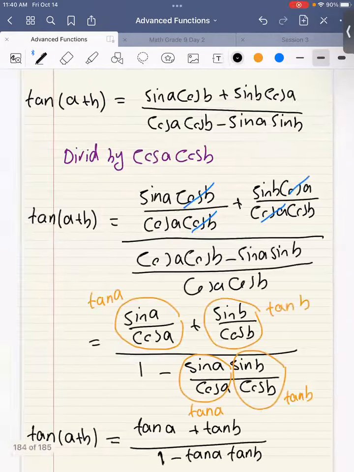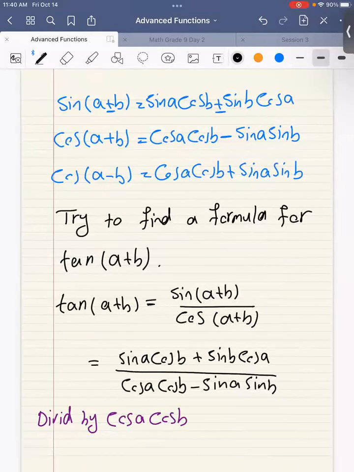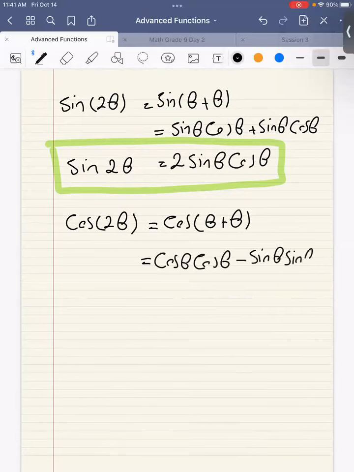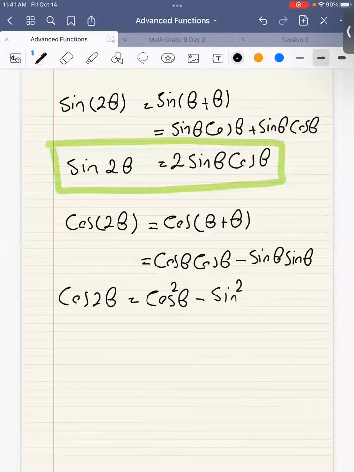If you use this formula, cosine of A plus B is cosine A cosine B minus sine A sine B, then cosine of theta plus theta is equal to cosine theta times cosine theta minus sine theta times sine theta. So cosine of 2 theta would be equal to cosine square of theta minus sine square of theta.